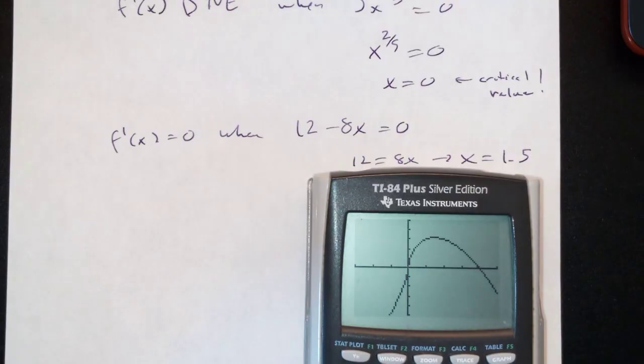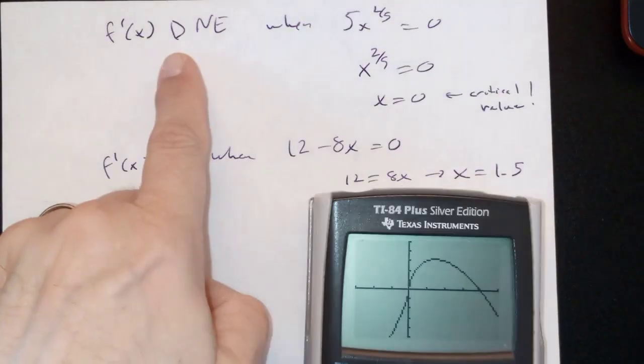Local extremes happen at critical numbers. Is x equals 0 a local extreme? No. It's not a minimum nor a maximum. It's a place where my derivative fails to exist, right?